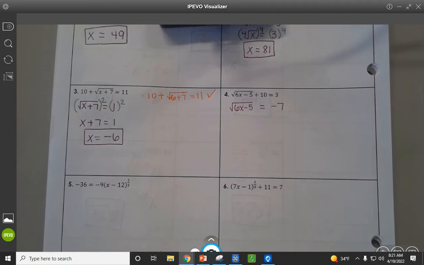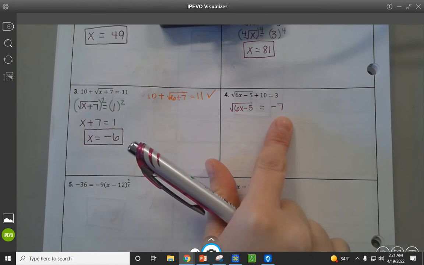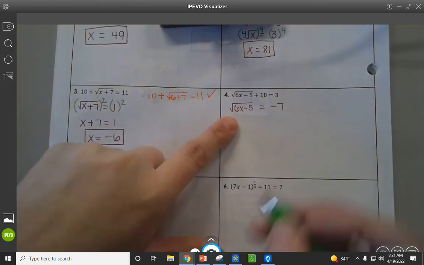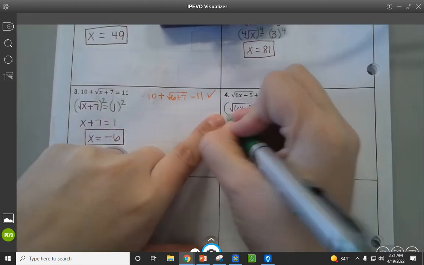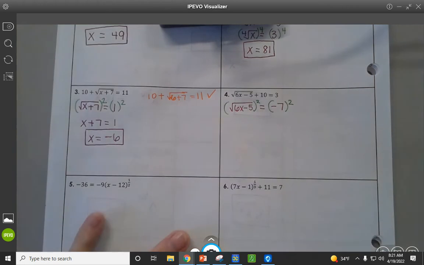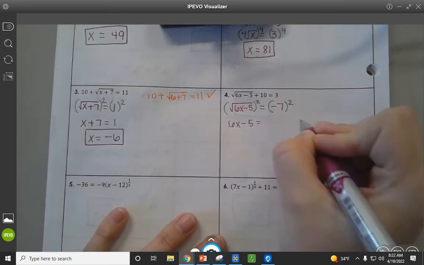So now I've got everything outside of the radical, so square both sides. And we have 6x minus 5 equals what? It's what? 49. Yes, 49. Positive 49. If you don't put that -7 in parentheses, your calculator is going to tell you -49. But you should know that when you square something, it's always positive.